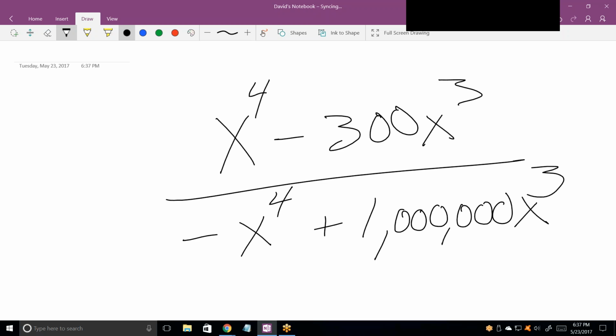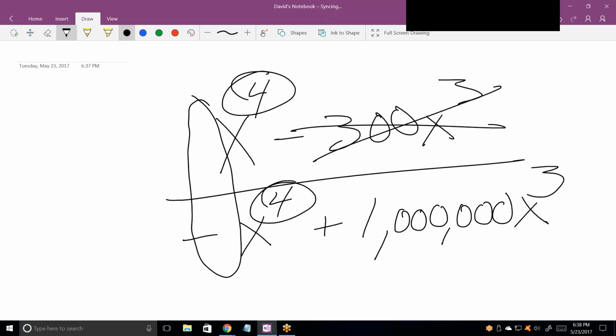What's my horizontal asymptote? What is it? -1. Good. It's the ratio of those coefficients because it's the same power, and these make no difference whatsoever.